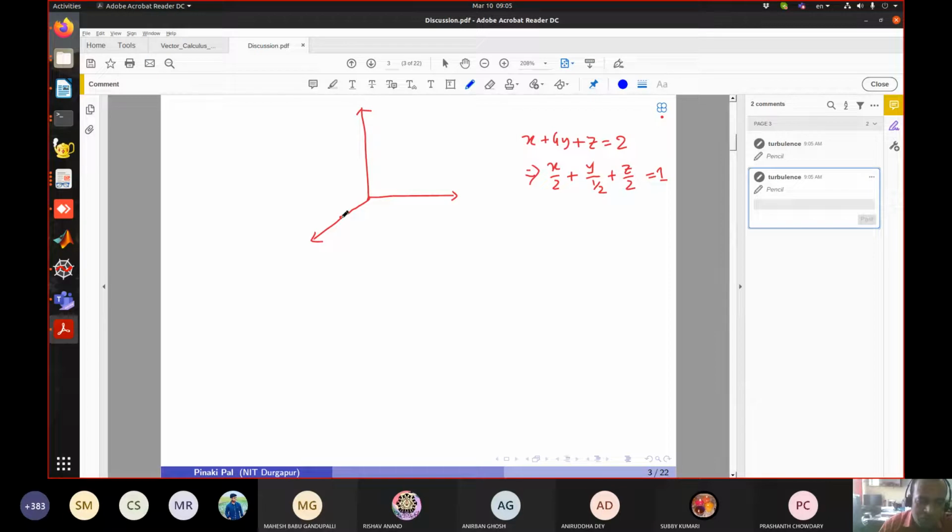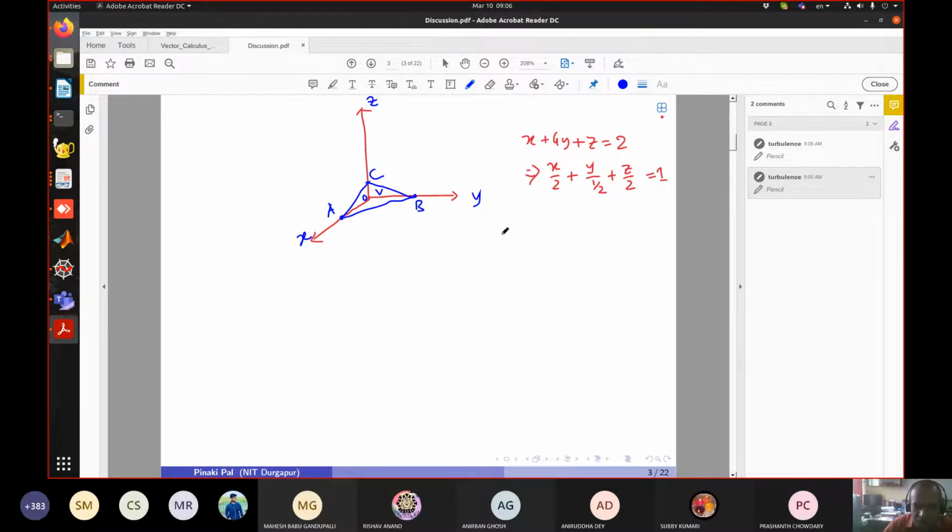So this is one of the points, 0, half, 0, and the other intercept, 2, is similar. This is the plane which is bounding the region, and this is your ABC plane. The region under consideration, what our V is, is quite clear from here.